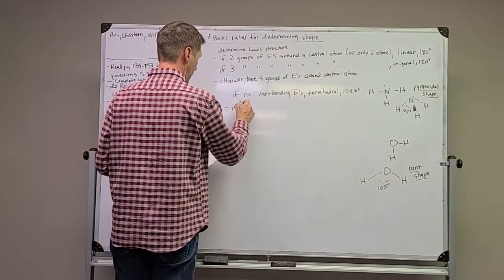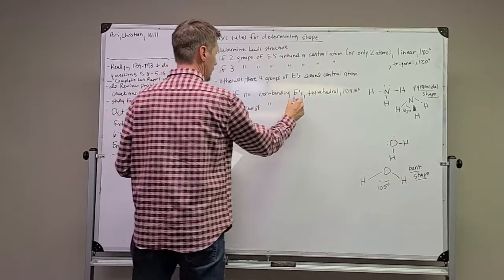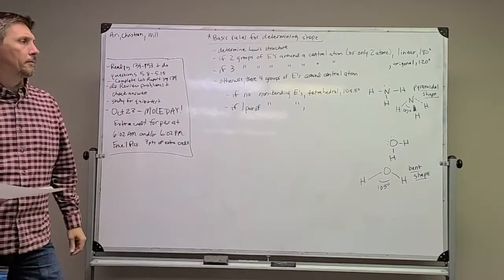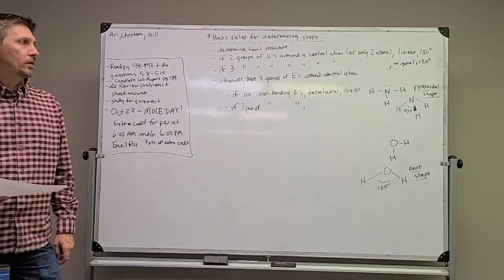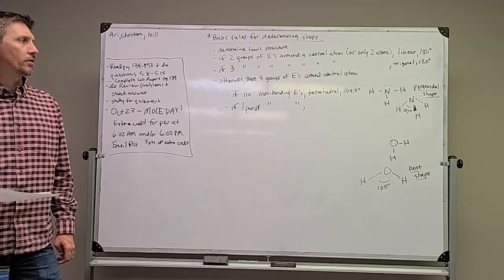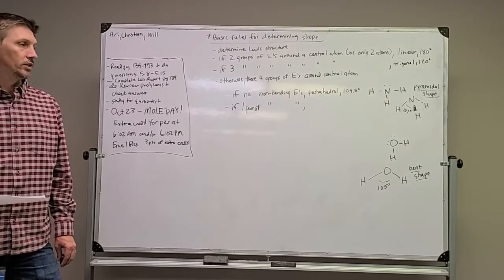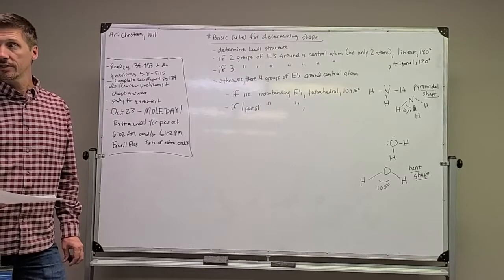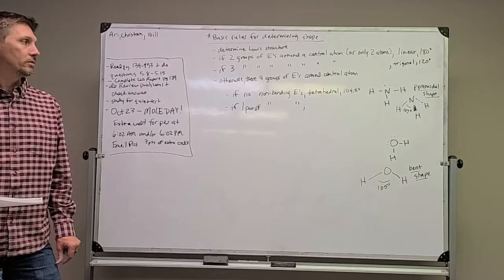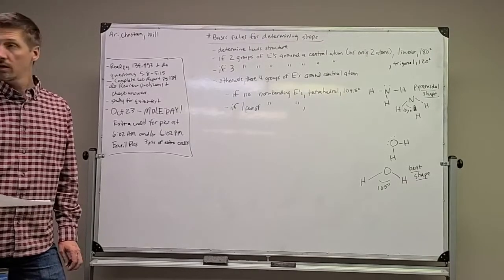If one pair of non-bonding electrons, what's our shape? So it's like a tetrahedron, but with one pair of non-bonding electrons. It's on the board. Trigonal? Oh no. There's two that are on the board. One has one pair, one has two pairs. Bent?